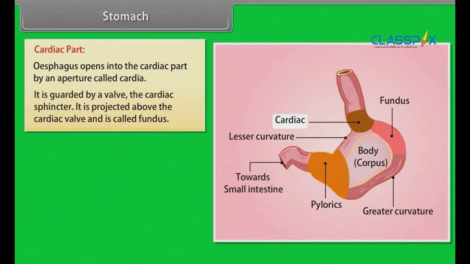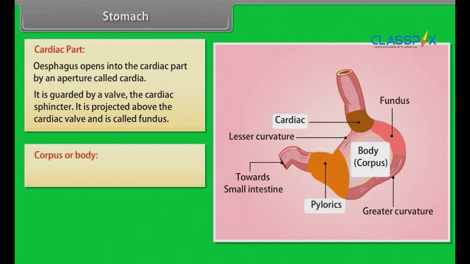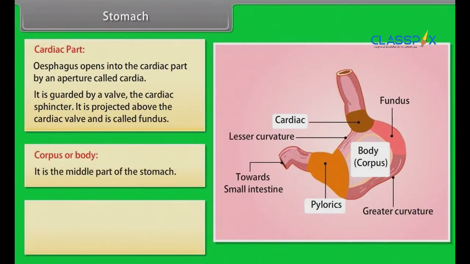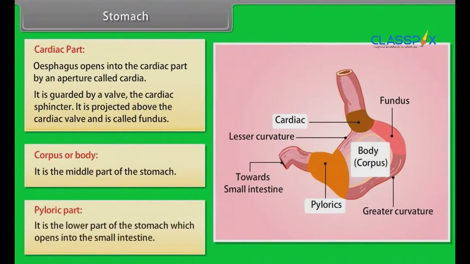It is guarded by a valve, the cardiac sphincter. The part projected above the cardiac valve is called the fundus. Corpus or body. It is the middle part of the stomach. Pyloric part. It is the lower part of the stomach which opens into the small intestine.